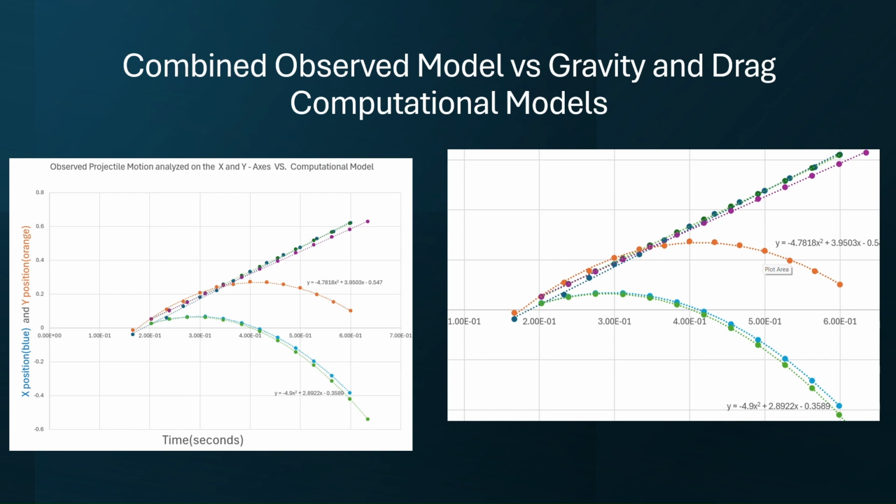And we see that that's below the one for just gravity. The reason for that is because drag decreases the amount of force that's being applied, so it makes the position go a lesser amount.